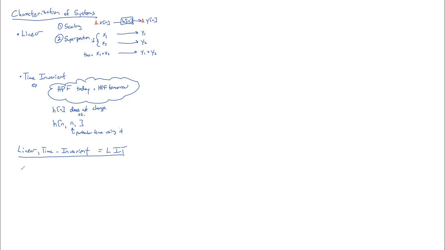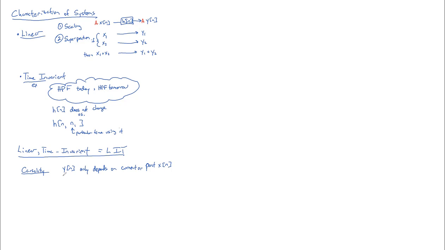Some other characterizations of systems have to do with causality. A system is causal if y of n only depends on current or past inputs. If your system, your response to me pushing you, is the system, if I push you, you're going to move only after I push you. You're not going to move suddenly a second before I go up and push you. So that's an example of a causal system.